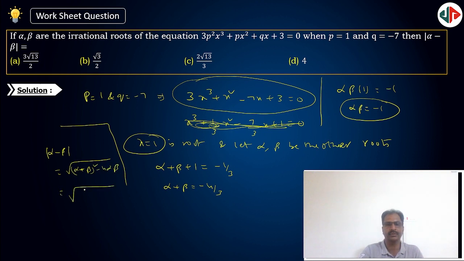That is equal to under root 16 by 9 plus 4, which is root of 52 by 9, which is 2 root 13 by 3. Option C.